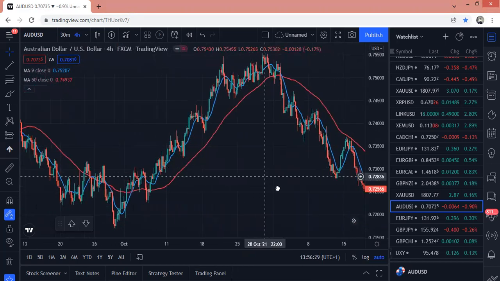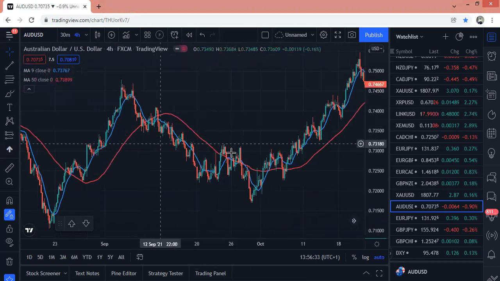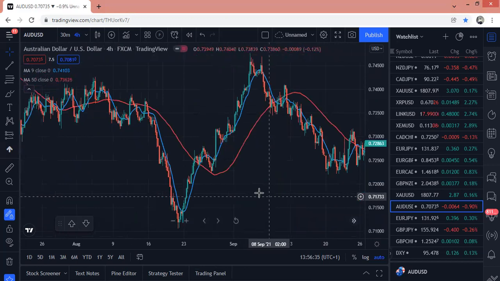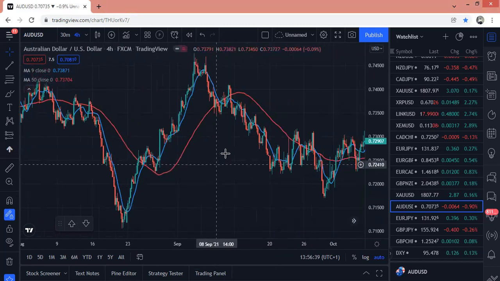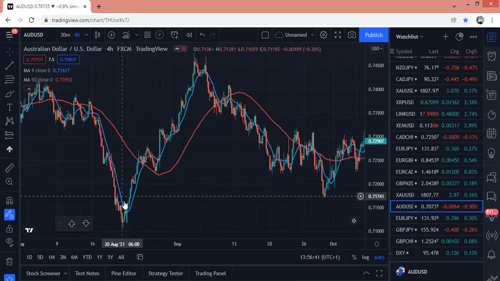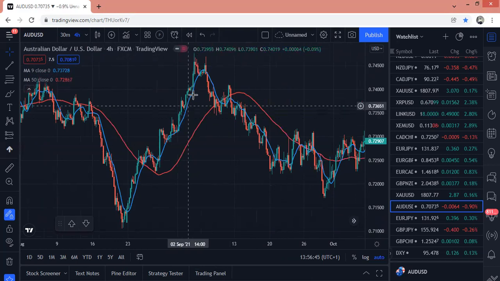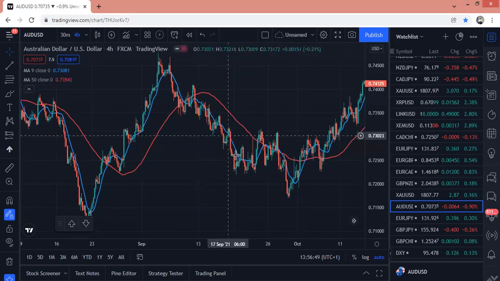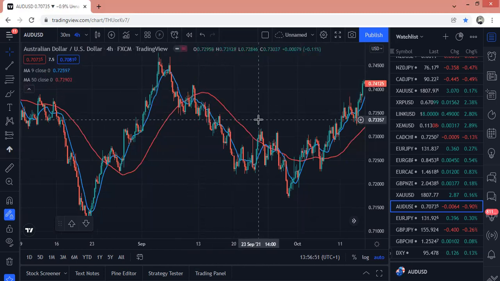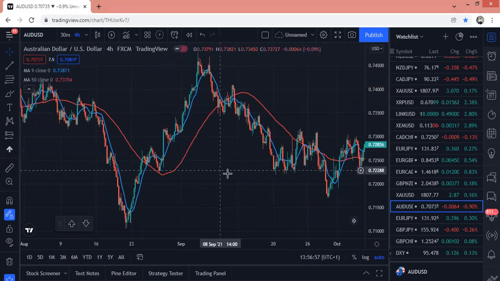Basically, when the blue is on top of the red, you want to be looking for buys, or longs. And when the red is on top of it, you want to be looking for sells, all right? But you don't just jump in at any point in time or anytime you feel.